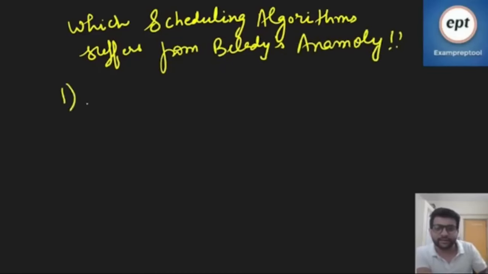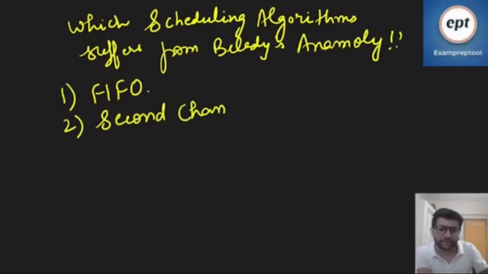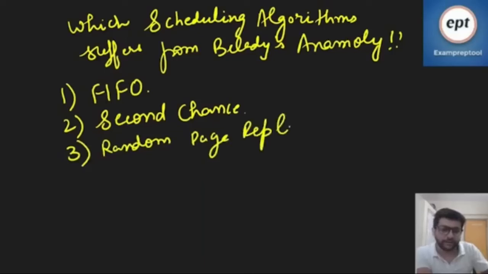And the answer is, first is FIFO. The second one is second chance. And the third one is random page replacement algorithms, right?